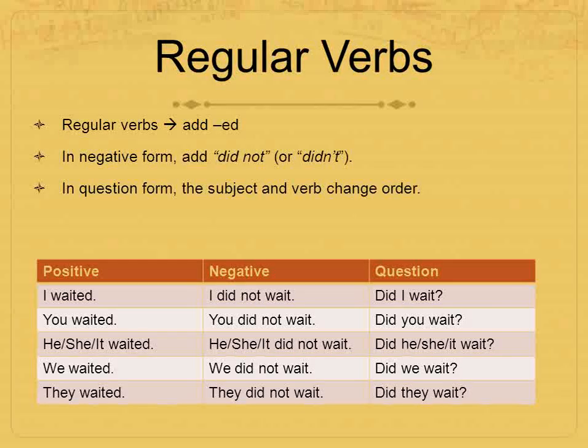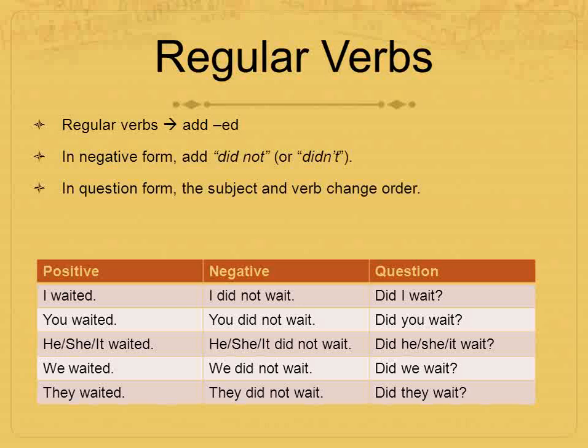So when we have the verb did, it takes the past tense, and so the second verb will stay in the infinitive form. Okay, I'll review this again in another slide. So negative form, I did not wait.